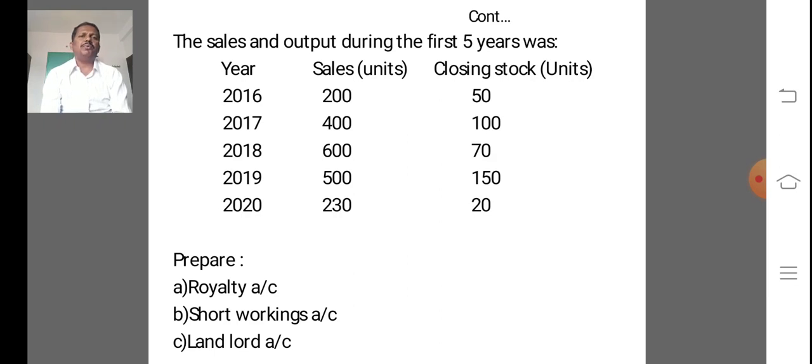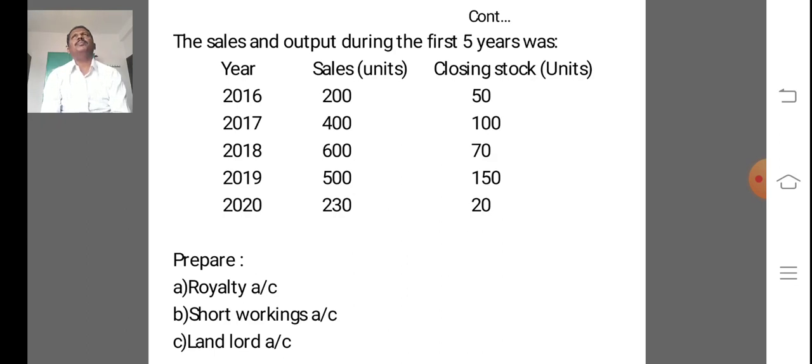Sales 200, 400, 600, 500, 230 units. Closing stock 50, 100, 70, 150, 20. The question is prepare royalty account, short workings account, and landlord account.